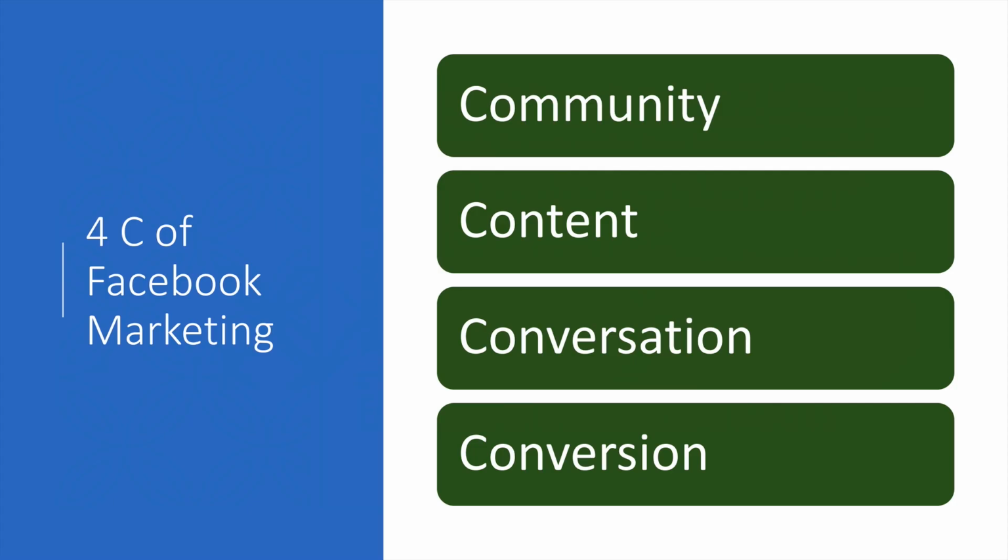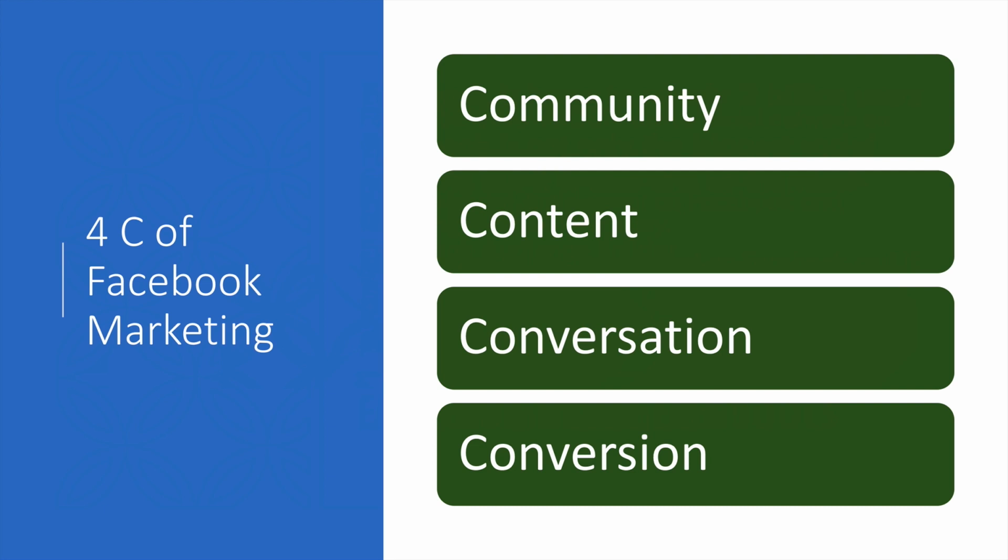These are the four C's of Facebook marketing: community, content, conversation, and conversion. So just as we saw that concept of marketing funnel, which is key to any marketing strategy, these four C's of Facebook marketing in a way are key to any kind of social media marketing. I mean, Facebook is the most important website, and we are going to cover Facebook in this section.